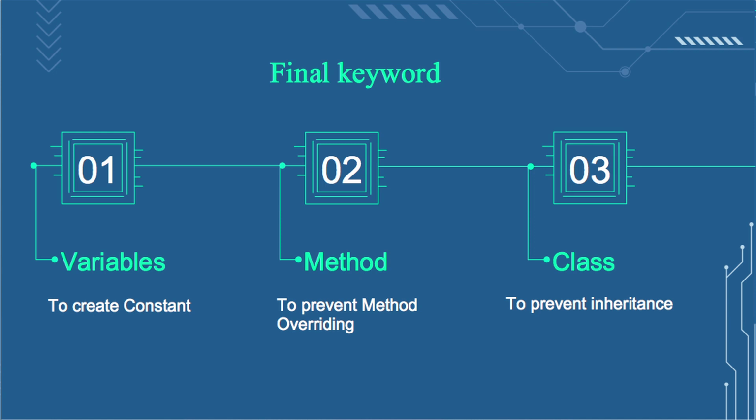Second, a method which is declared as final cannot be overridden. Third, a class declared as final cannot be inherited. We will discuss these one by one with the help of examples.